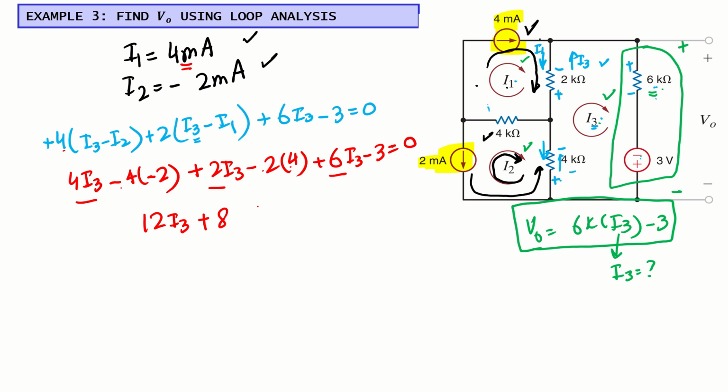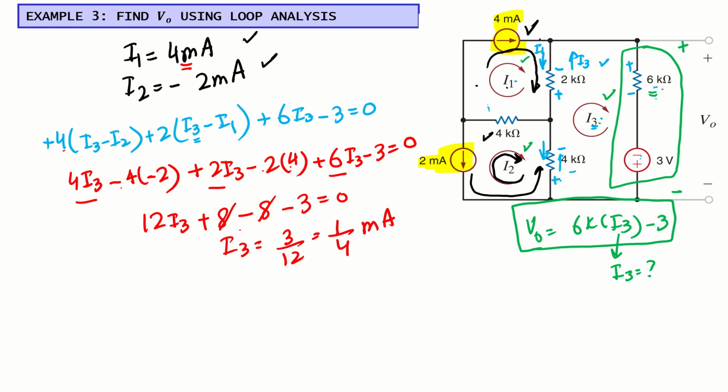Then we have minus 2 times 4, which will be minus 8, and we have minus 3 equal to 0, right? So what do we have here now? Okay, the minus 8 and this 8 will be cancelled. So the value of I3 will be 3 over 12, which is 1 over 4, and the unit will be milliampere.